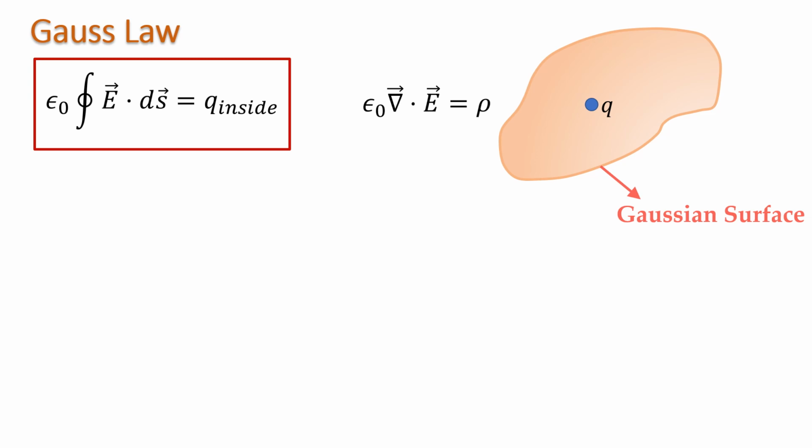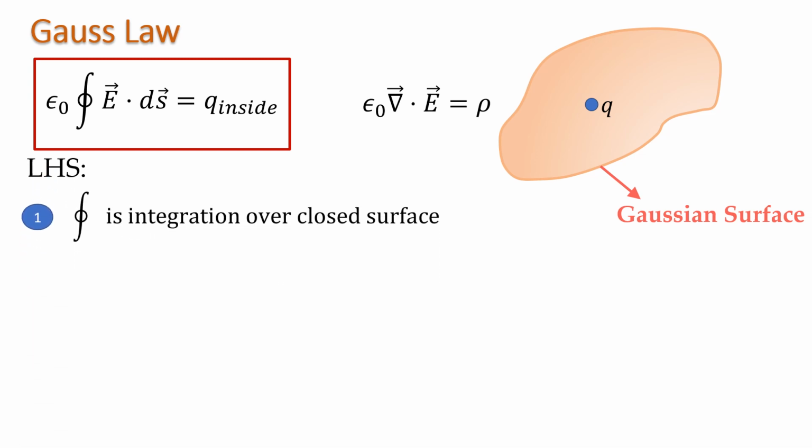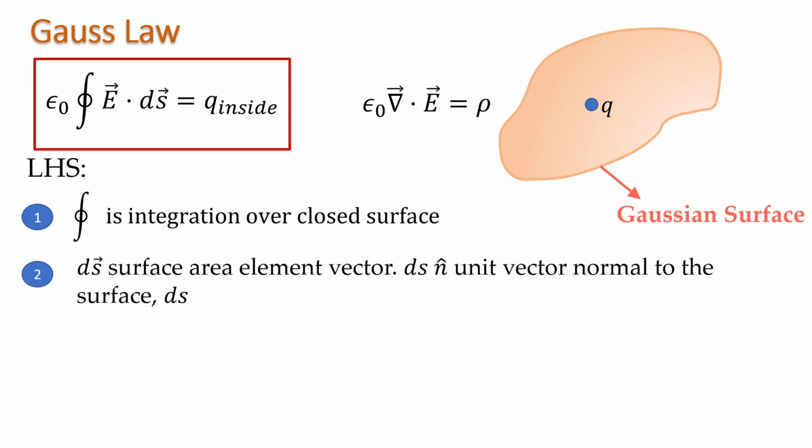Let us look at the left-hand side of the equation. The integration with a circle on it means integration or summation that is carried over the hypothetical Gaussian closed surface. The dS vector is the surface area vector, which is a small surface dS on the Gaussian surface times the unit vector normal to that small surface area.